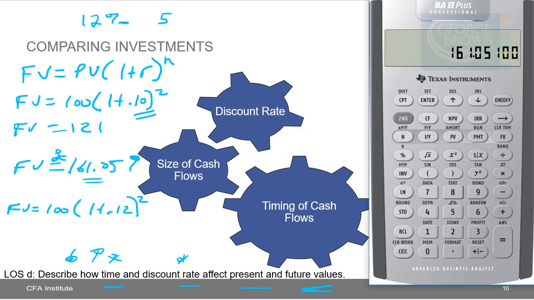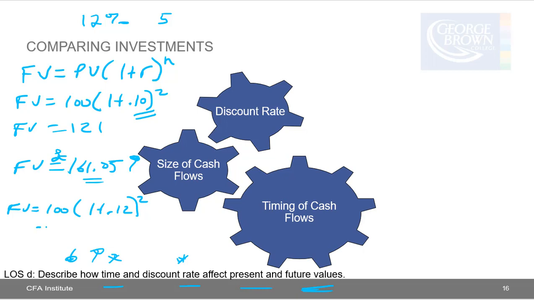Let's bring up the calculator. 1 plus 0.12, now it's 12%, y to the x, 2 years, times our 100 pounds that we're starting with. And we can see the future value would be 125.44. That is more than our 121 pounds if we invested at 10% for 2 years.